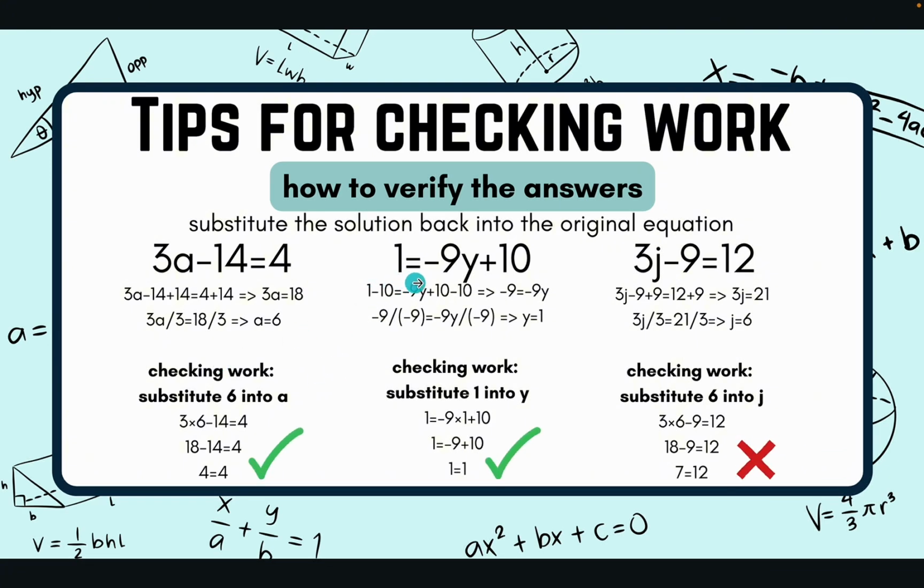And for our next example, 1 equals minus 9y plus 10. And here again, we need to get the value of y to check our answer. So we first have to subtract 10 from each side to let minus 9y be by itself on one side of the equation. So 1 minus 10 equals negative 9y plus 10 minus 10.